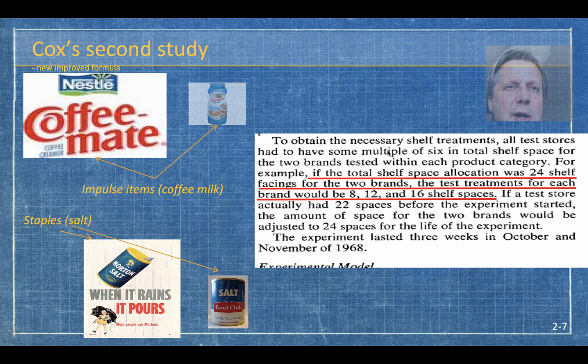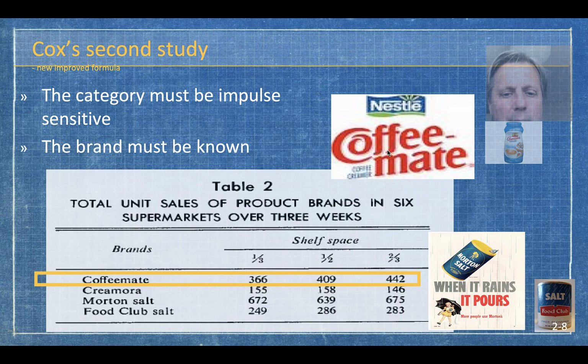Doesn't matter how many facings you give to salt. People will only eat a limited amount of salt, buy a limited amount of salt. But then it also has to be a big brand. So if you increase the space for a not so strong brand, then it doesn't matter, because it will not lift the sales anyhow. And actually what he found was that his hypothesis was supported in this case.